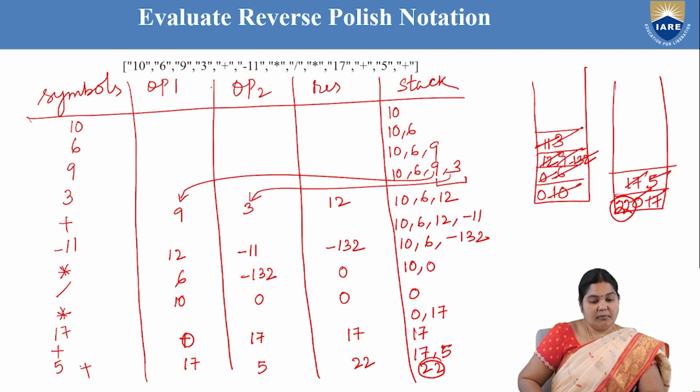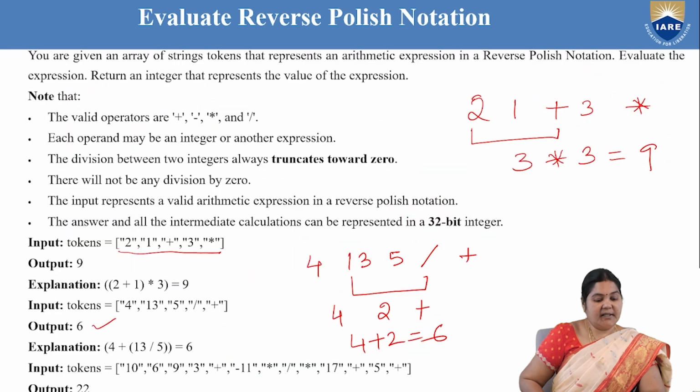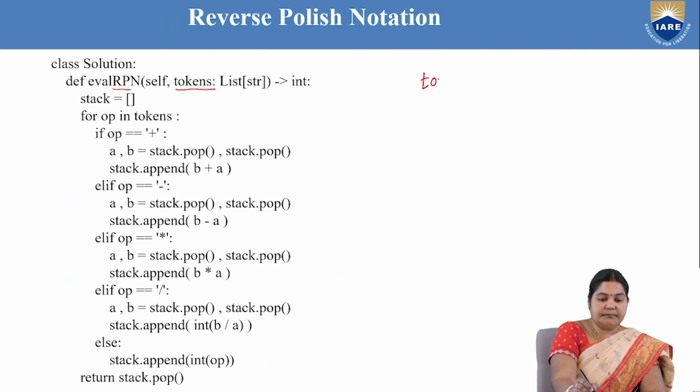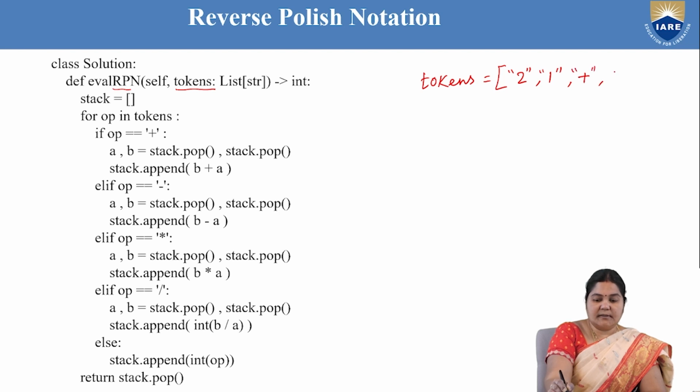If you see this example, you can take anything: 2, 1, plus, 3, star. We'll take the first test case. We'll take the tokens as 2, 1, plus, 3, star.